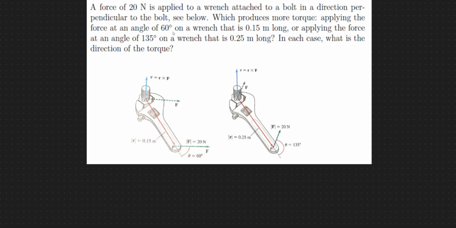Applying the force at an angle of 60 degrees on a wrench, so that would be this system here, with a force of 20 newtons, on a wrench that's 0.15 meters long, so the magnitude of r would be 0.15 meters. Or applying the same force, 20 newtons, but this time at an angle of 135 degrees, so like this, on a wrench that's 0.25 meters long. That's what we're trying to work out here.